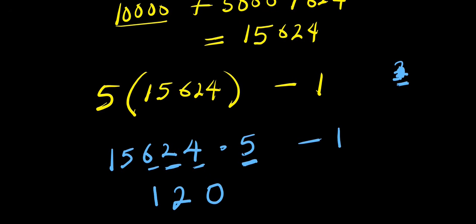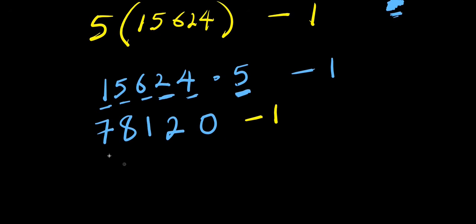So I have 5 times 5, that is 25. 25 plus 3, that is 28. I have 8 and carry over 2. 5 times 1, that is 5. 5 plus 2, that is 7. I have this. And remember, there is minus 1.